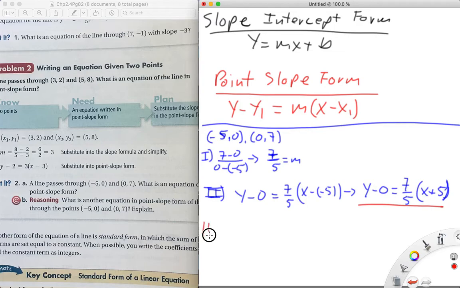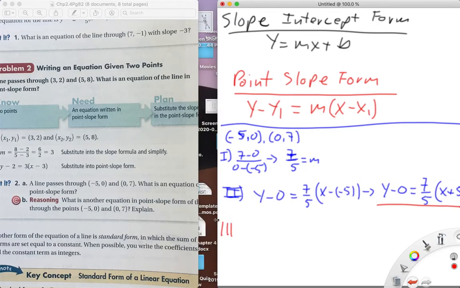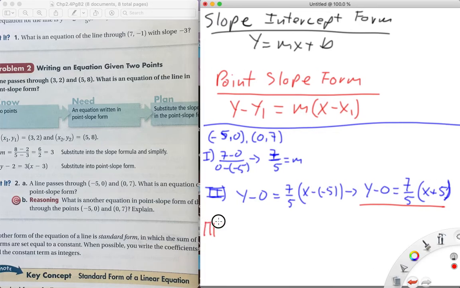You can use the other point. I can use this one instead, and I can say y minus 7 is equal to 7/5 times x minus 0.